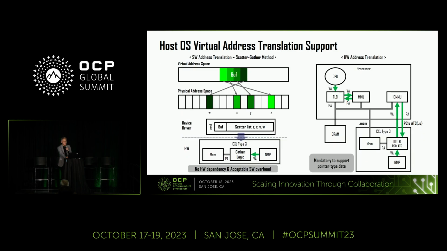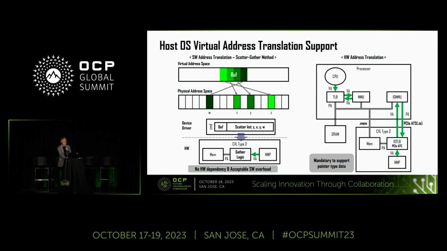Well, in addressing the host OS virtual address translation, we evaluated two options. First one is a software-based solution, which is the scatter-gather method, similar to NVMe. This approach involves translating the address on the host side and delivering them as a scatter list to the CMS.